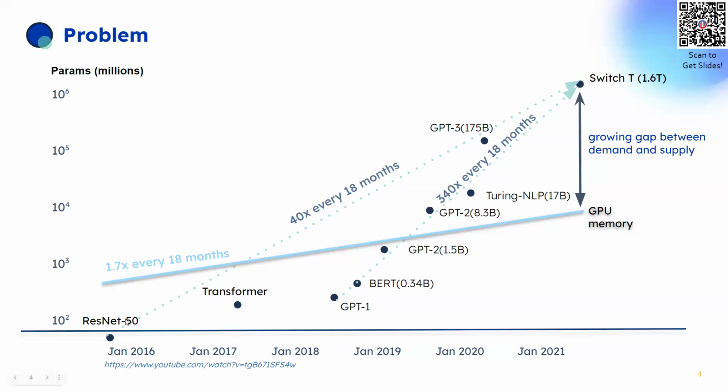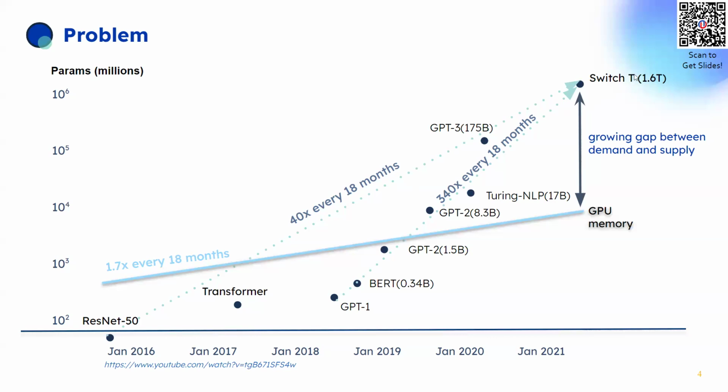You see, from June of 2016 to June of 2021, the model size increased from roughly 20 million parameters here, to GPT-3, which is roughly 170 billion here. Actually, that is 10,000 times larger than ResNet.